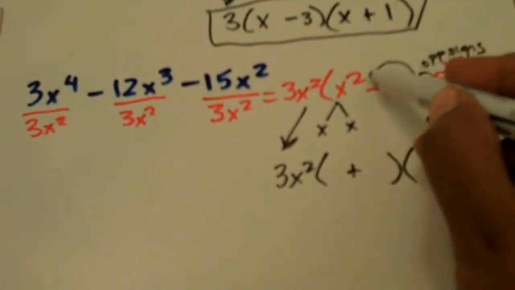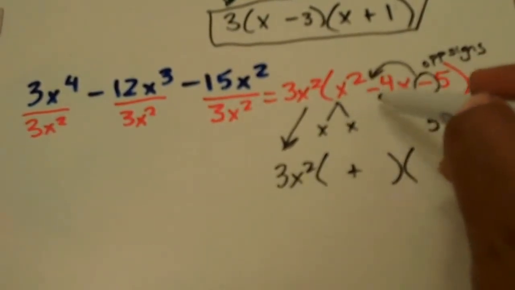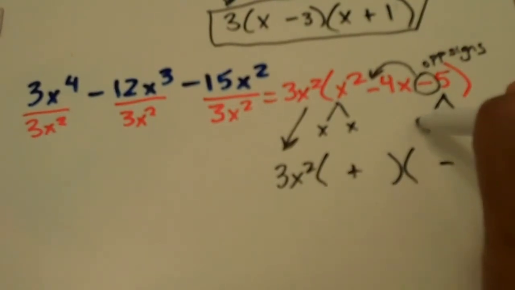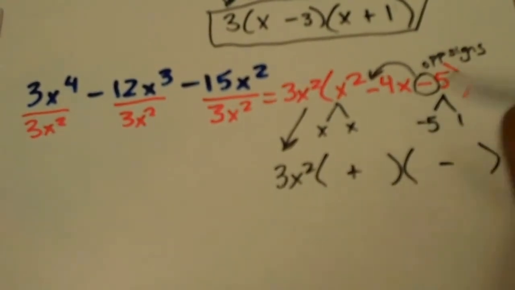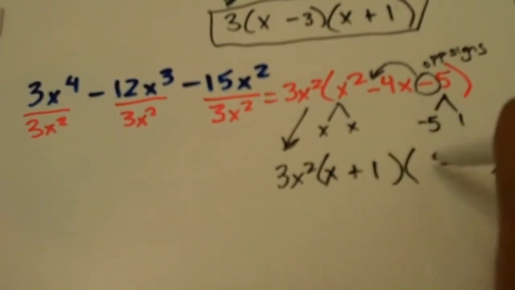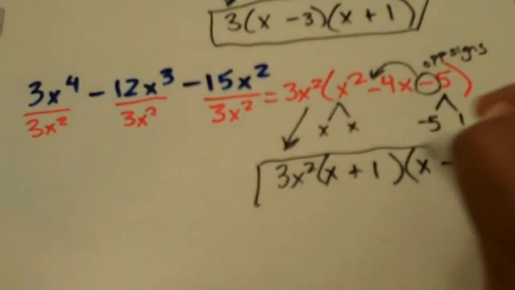So we look at the middle term and we see that it's negative. If the middle term is negative, that means the larger number is negative. Here we have 5, that's going to be negative. So we would have x plus 1 and x minus 5. And that is our solution.